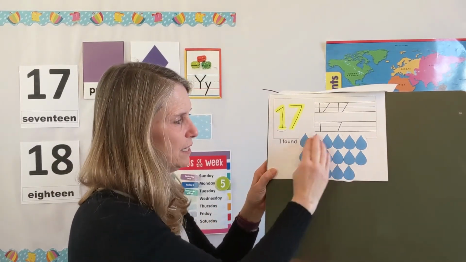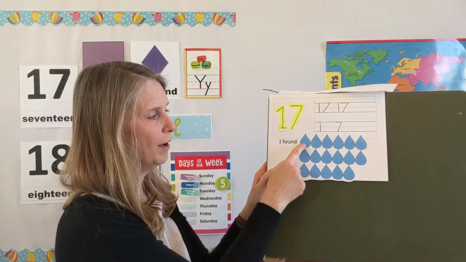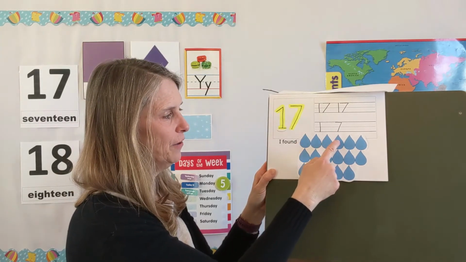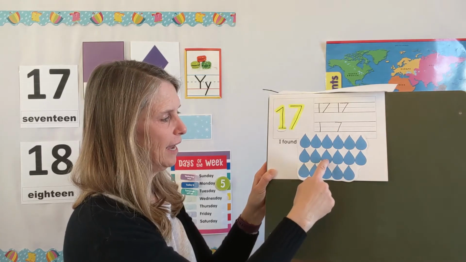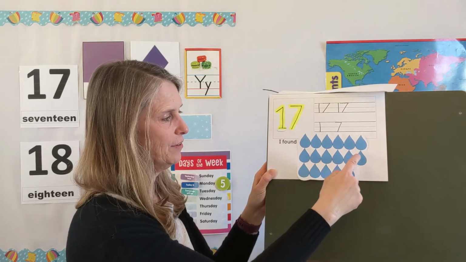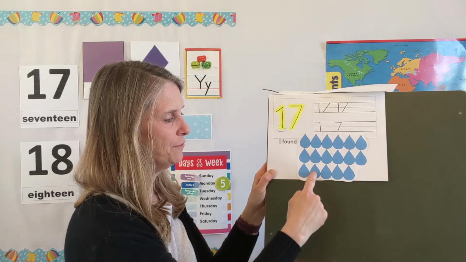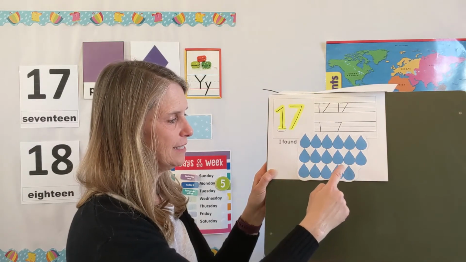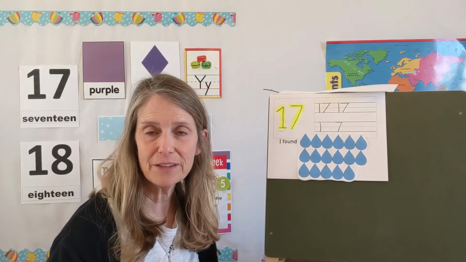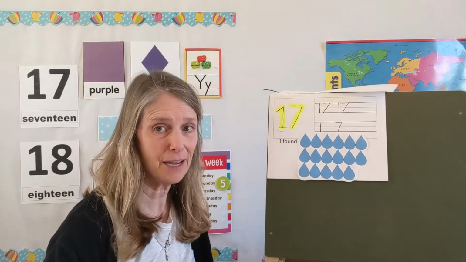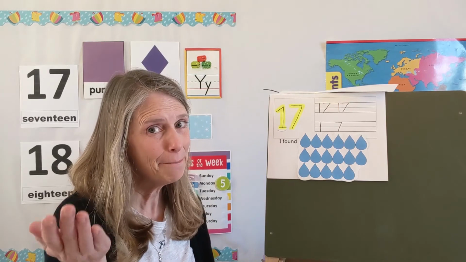Let's see if I have 17 raindrops. You ready? Help me count. 1, 2, 3, 4, 5, 6, 7, 8, 9, 10, 11, 12, 13, 14, 15, 16, 17. 17 raindrops. We see a lot of rain in the month of April, but that's a good thing because April showers bring May flowers.